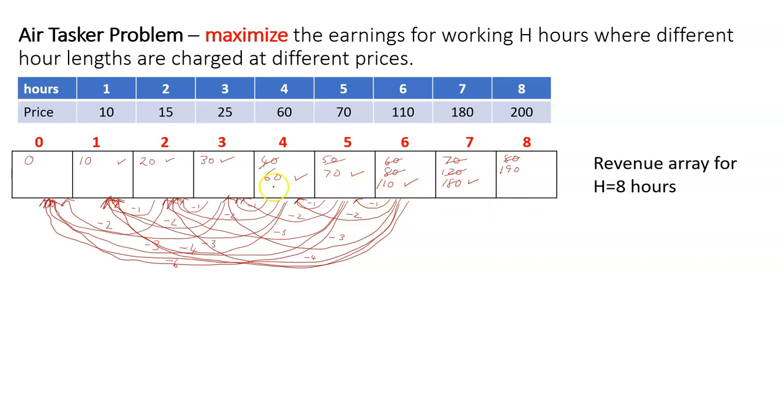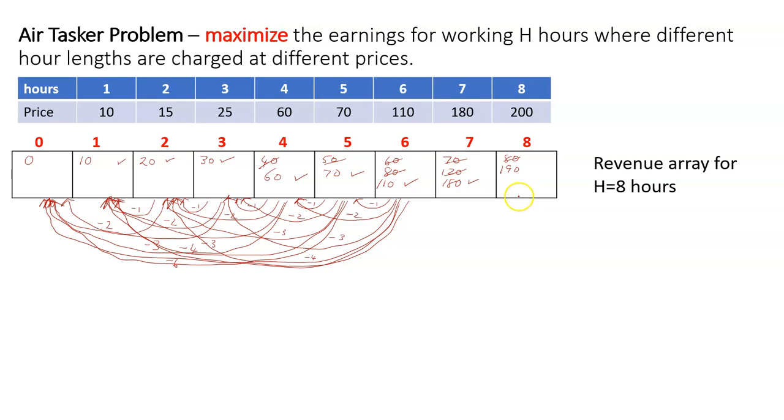Go back 4 hours in time to $60 and add a 4-hour job, 60 plus 60 is 120, not an improvement. Go back 5 hours in time to 3 hours, which we had $30, and add a $70 5-hour job to that. That's going to be $100, which is not an improvement.